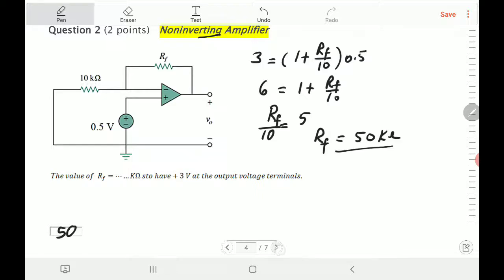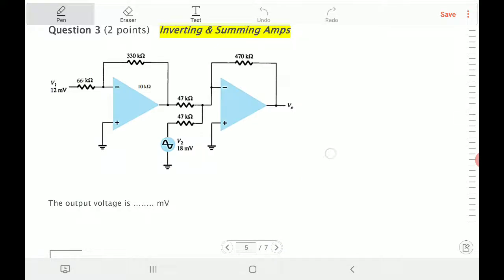Now, let's move to the third question. The third question consists of two parts. I will start with the first part. Here, the input is applied to the negative terminal of the op amp, so it's an inverting amplifier. If you call this V1 and this V output, just to make it easy, call this one V2.